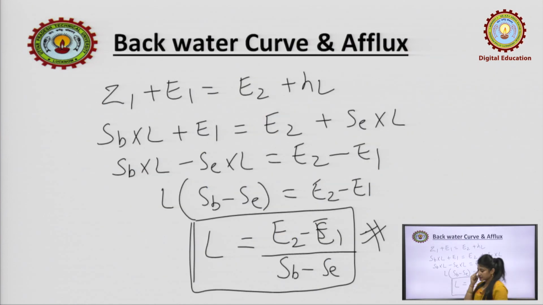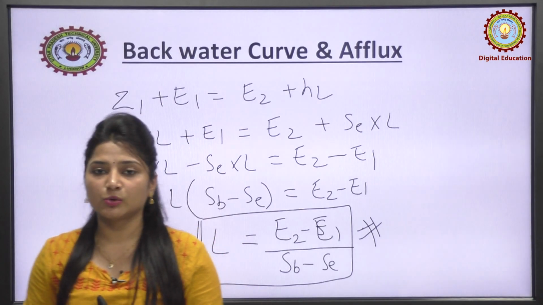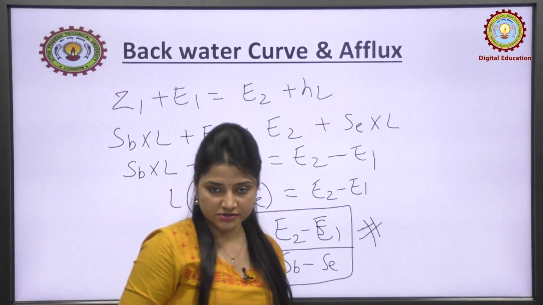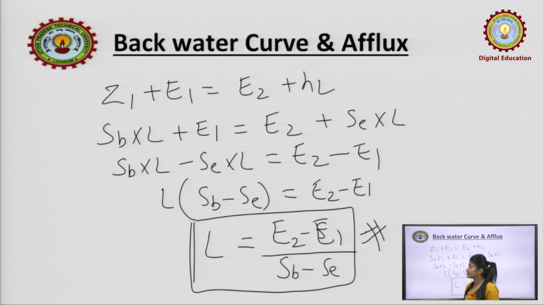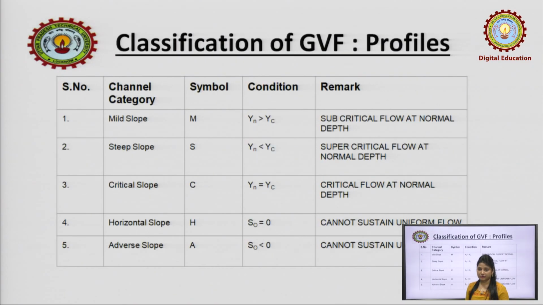Now, since we have studied gradually varied flow, its dynamic equation, and its various forms, we need to study the classification of gradually varied flow, that is, the various situations of formation of gradually varied flow in the channel.